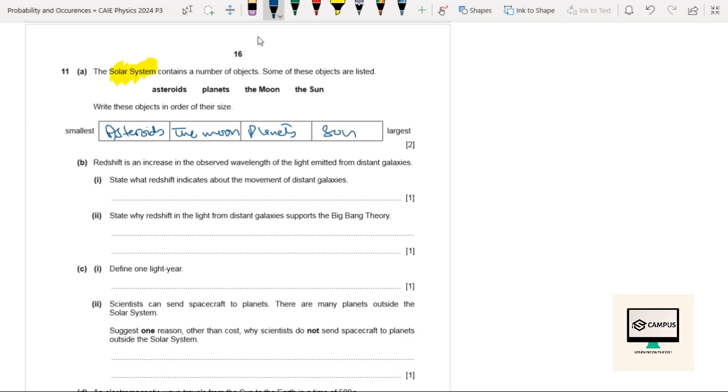Okay, 11b. Redshift is an increase in the observed wavelength of the light emitted from distant galaxies. State what redshift indicates about the movement of distant galaxies. So, if a galaxy is redshifted, that means that particular galaxy is moving away from us, or it is receding.